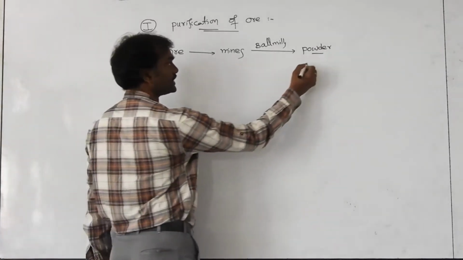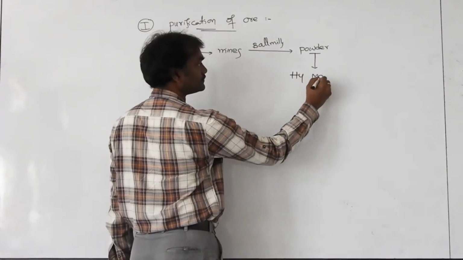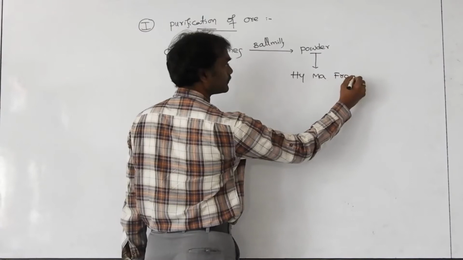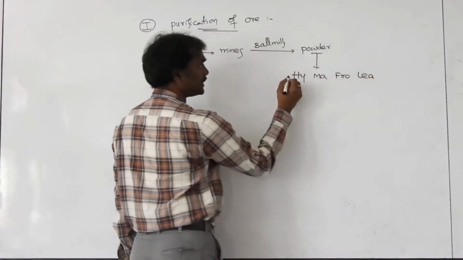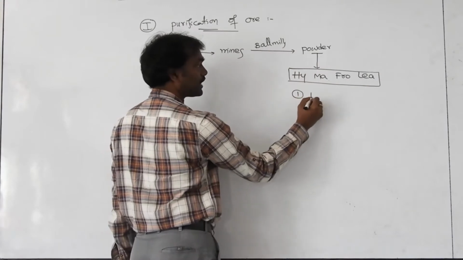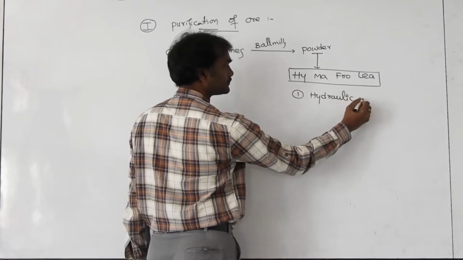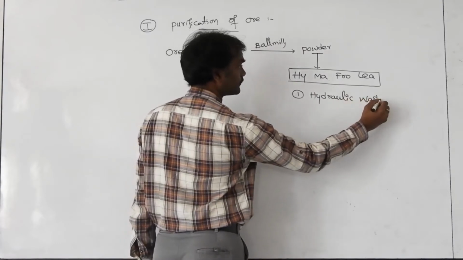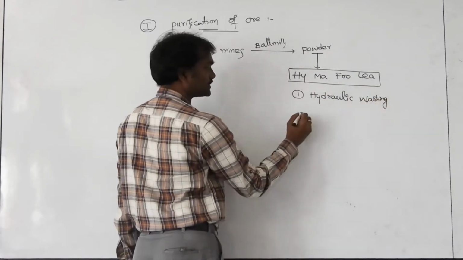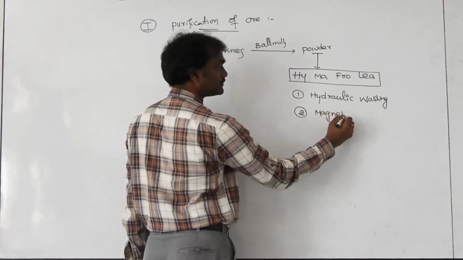So this powder is taken. What is our shortcut? Hydrolysis. What are those processes? One, hydraulic washing. Second, magnetic separation.